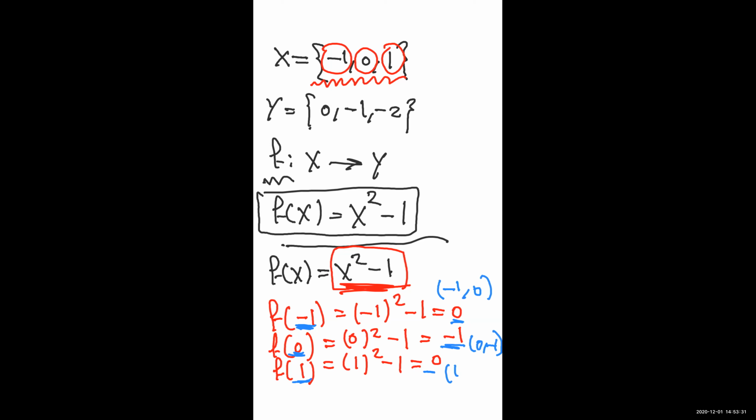So the set of the function f will equal the set of the first one, -1 and 0, the second ordered pair, 0 and -1, and then the last ordered pair, 1 and 0. Okay? This point is clear?